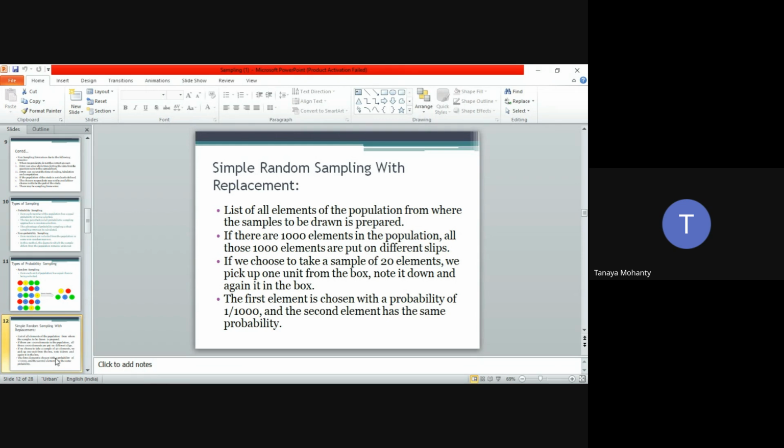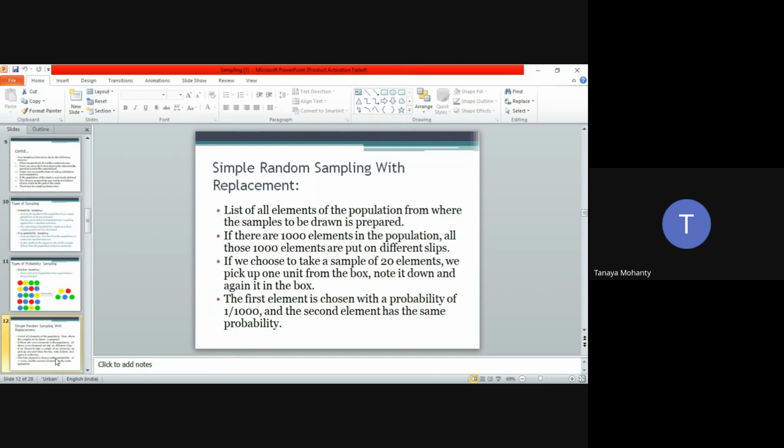So normally you write slips. Suppose there are some 100 students in my classroom, or say there are 1000 students in that classroom, and I write each of their names on a chit and put it in a box.